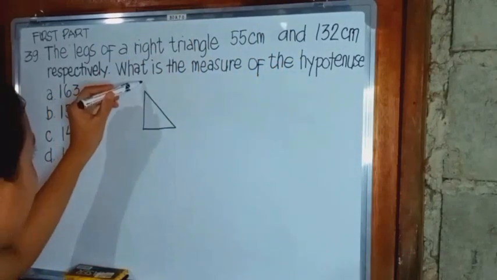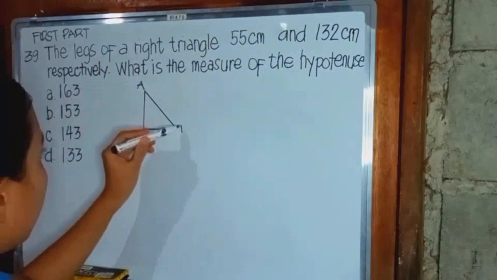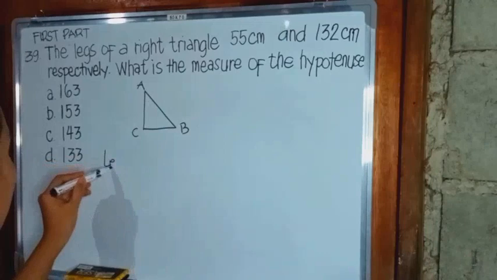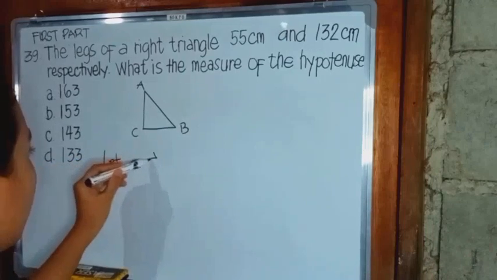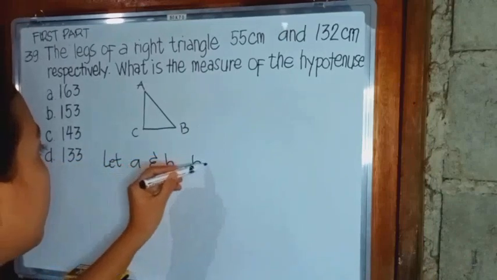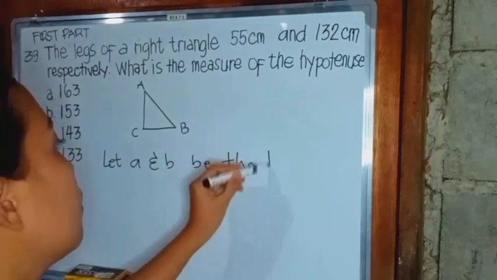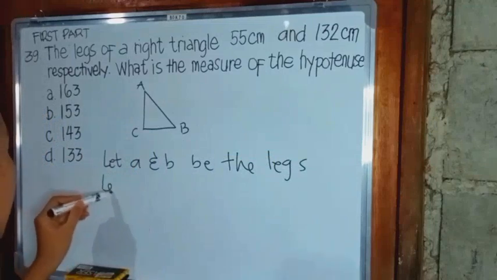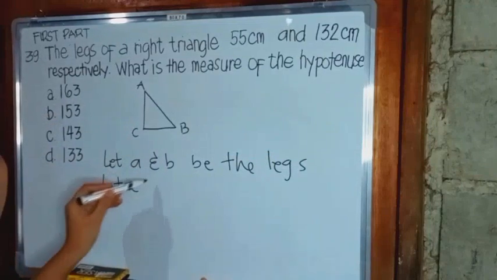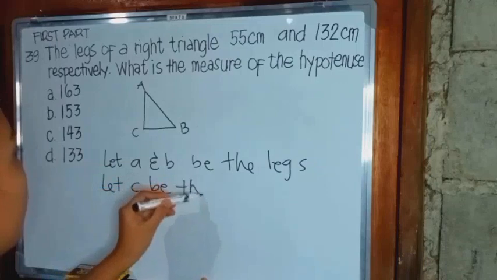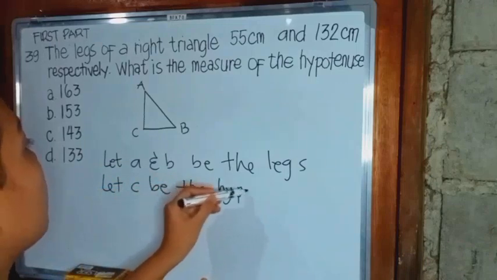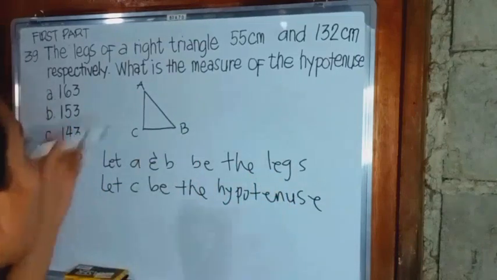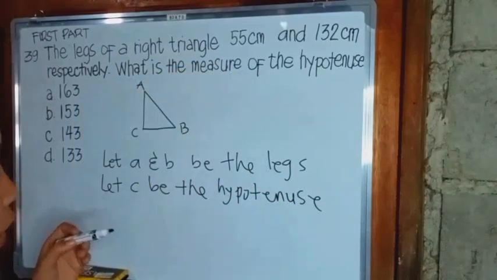If this is triangle ABC, I will let a and b be the legs of this right triangle, and let c be the hypotenuse. So the problem is, what is the measure of the hypotenuse?